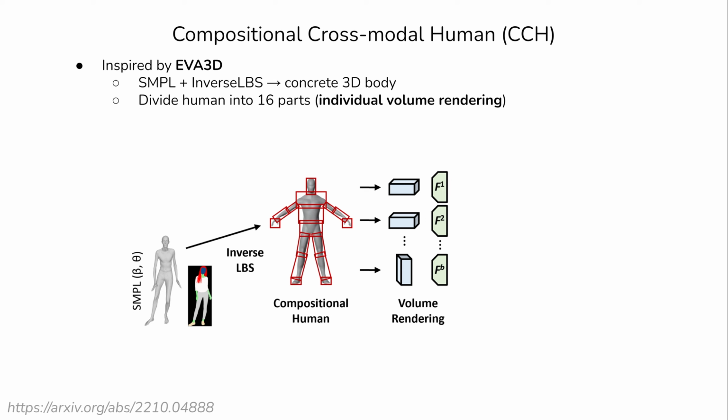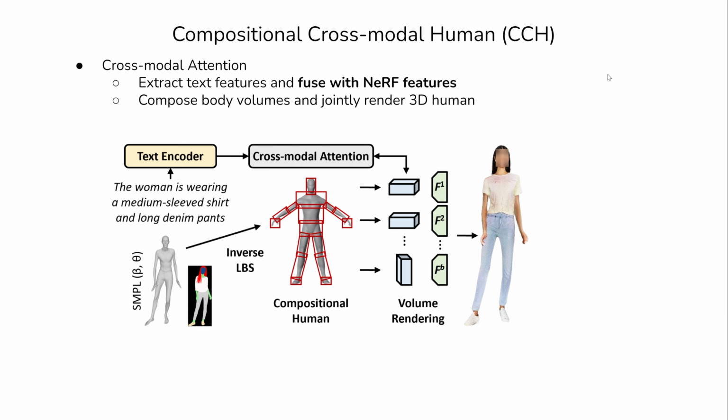Then we do the inverse linear blend skinning to transform from SMPL coordinates into the canonical space, so that it can support the further NeRF rendering. And we follow EVA3D to divide a human body into 16 parts, where each part can perform individual volume rendering for more efficient 3D generation.